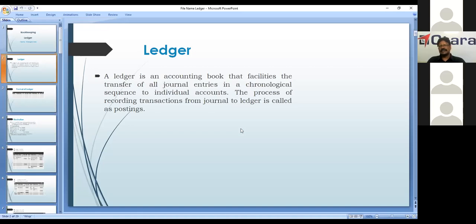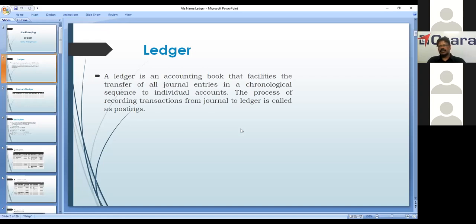Classification is done. You open a separate account, a purchase ledger, a sales ledger, expenses, everything separately, so that at a glance we know the position of, say, purchases. In a big organization, we have huge transactions, so from the journal it is not possible to check how much purchases are made.